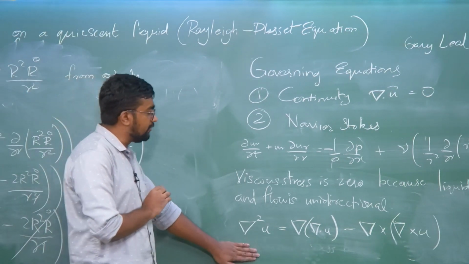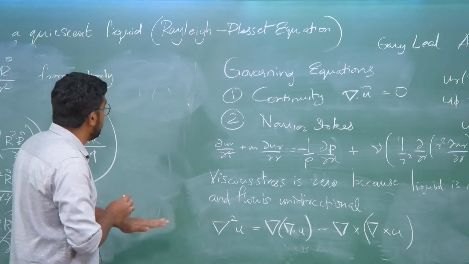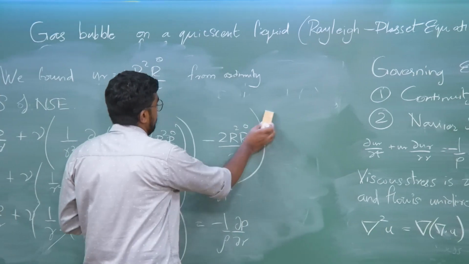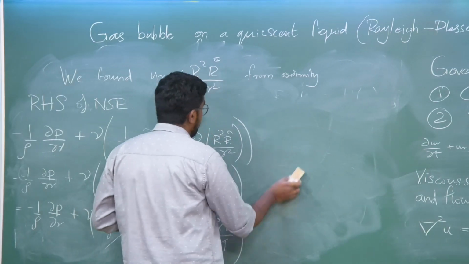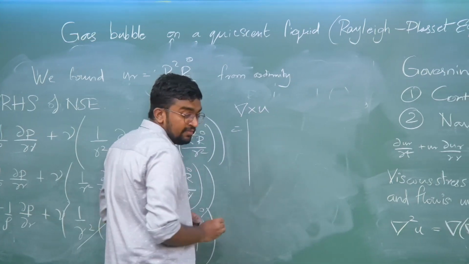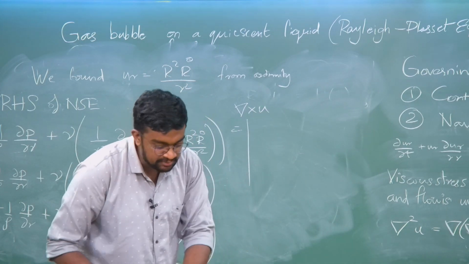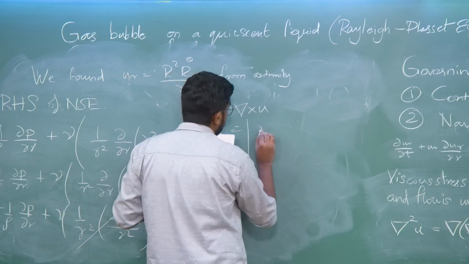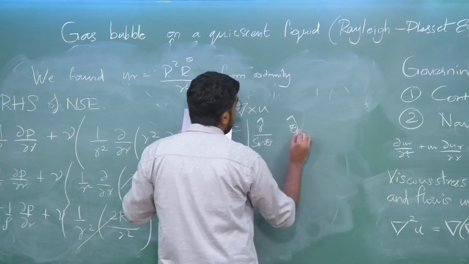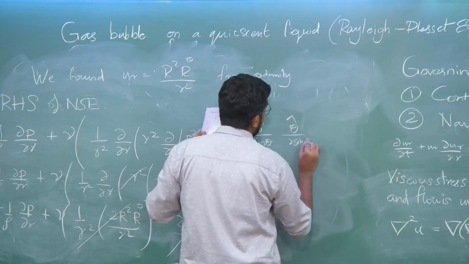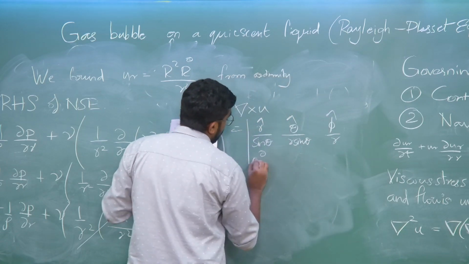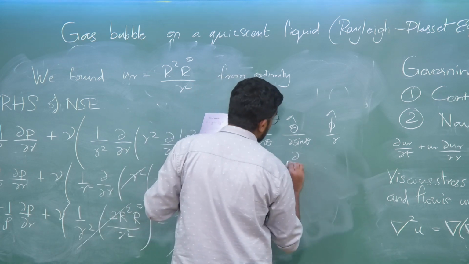If you are confused and do not understand why del cross u is 0, you can do the exercise. Del cross u is given by one big expression, you can substitute and see: r cap, theta cap by r sin theta, phi cap by r, dou by dou r, dou by dou theta.